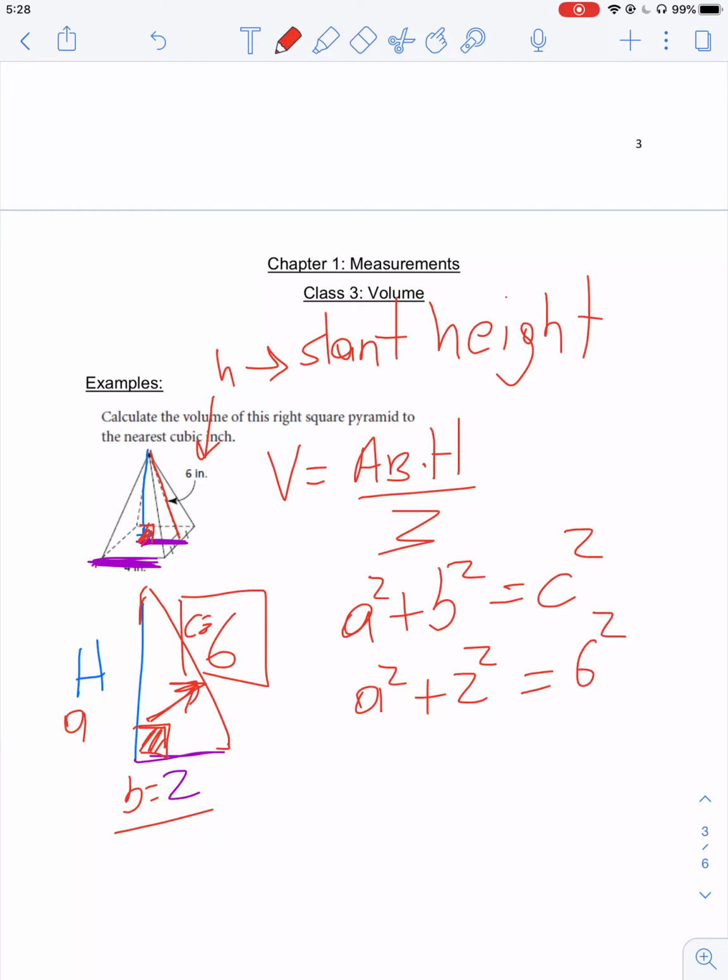So when you simplify this, remember 2 squared is 2 times 2, which gives you 4. And 6 squared is 6 times 6, not 6 times 2, right? Squared means multiplying the base by itself. So this is 36. Now my goal is to solve for a, so you're going to have to do a little bit of algebra.